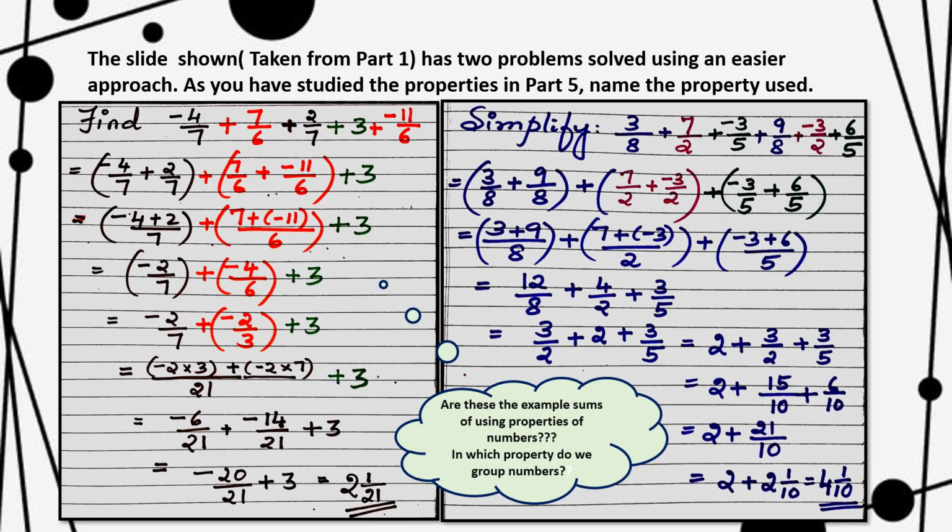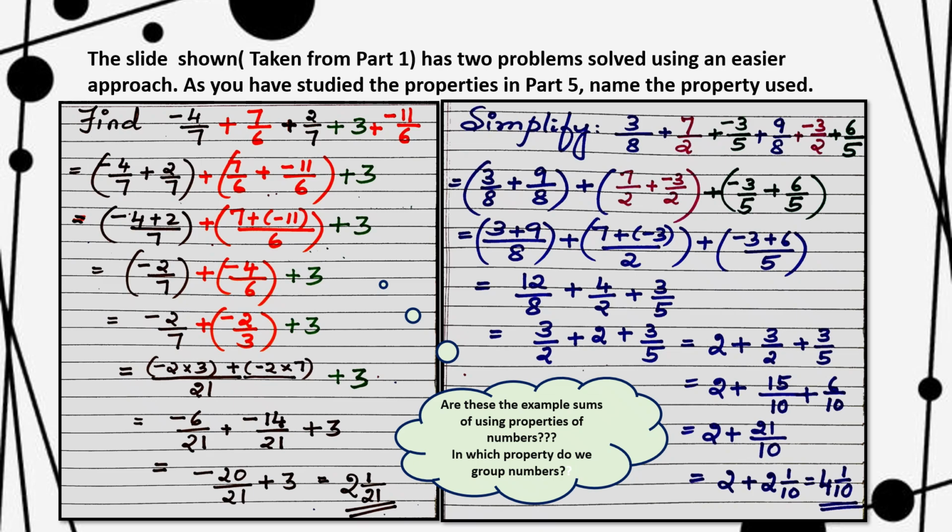So observe, is it tallying with one of the properties taught to you in part 5? Today we are going to learn some more applications of the property in the same area. So exactly, it is the associative property of addition of rational numbers.